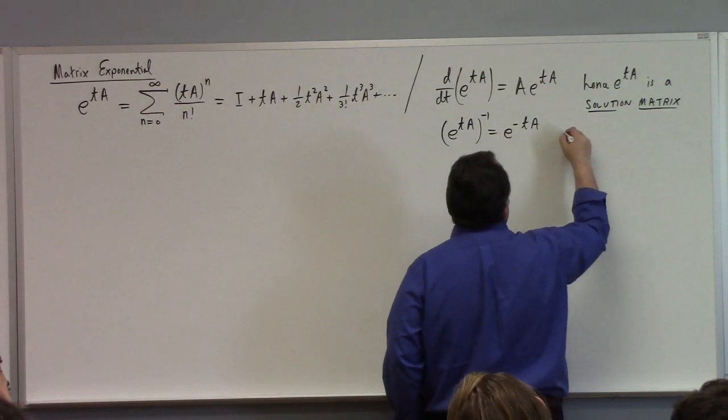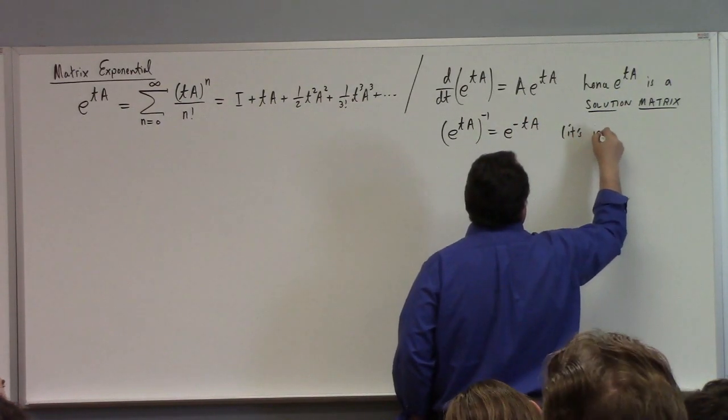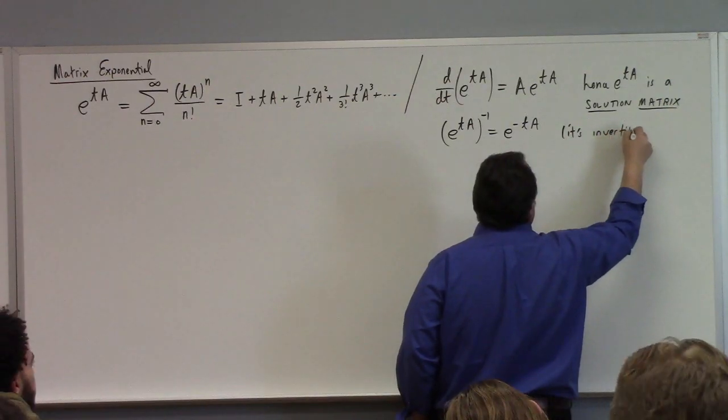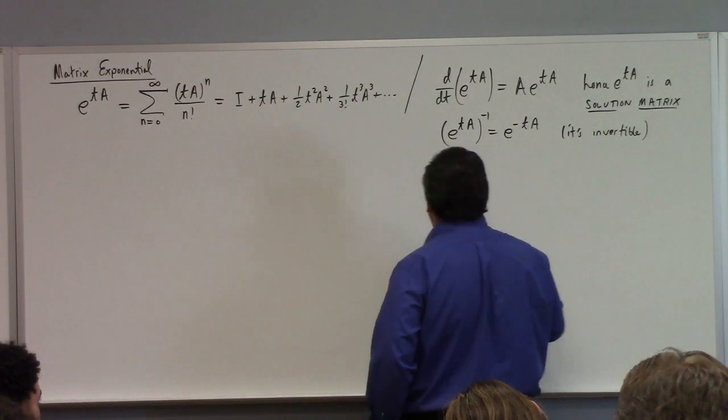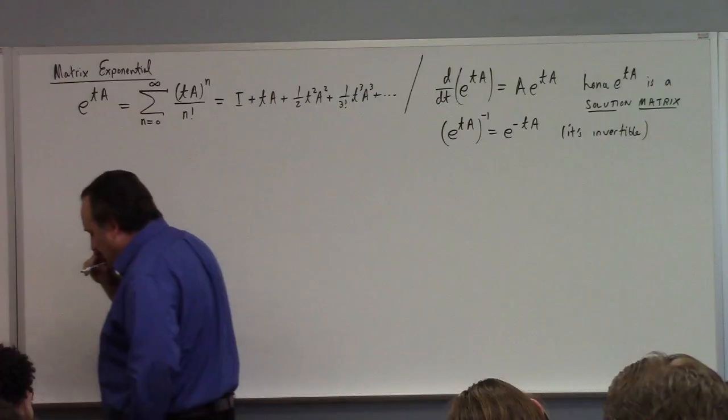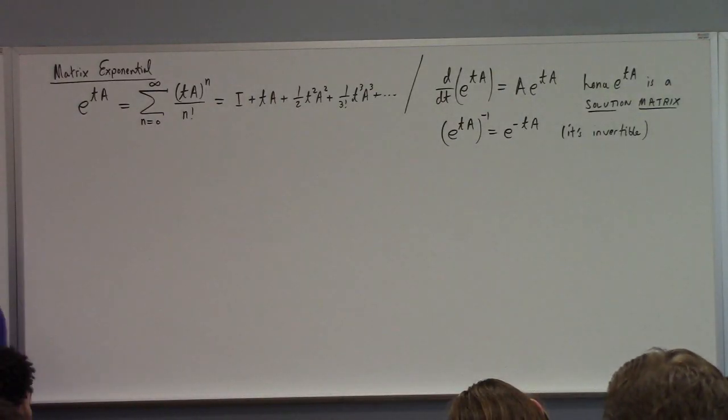So it's invertible. It's an invertible matrix, actually. So it's a fundamental solution matrix, which means that we could calculate the solution to this problem that we're looking at if we could calculate the matrix exponential. Can we do that here?